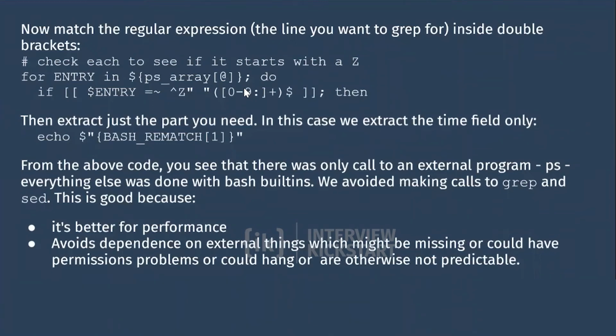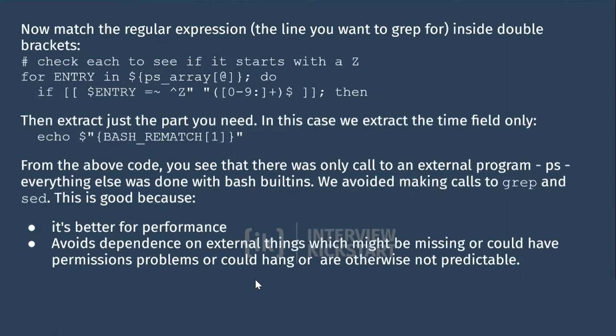So I highly recommend delving into BASH_REMATCH if you're not already familiar with it and starting to incorporate it into your scripts, because it'll make your scripts a little more efficient, less dependent on external programs. We avoided making calls to grep, and this is good because it's slightly better for performance, maybe very slightly, but more importantly, it avoids dependence on external programs. Those external programs might have problems.